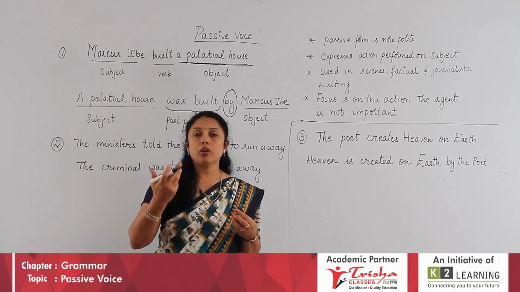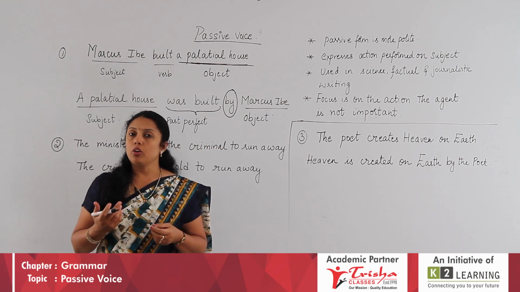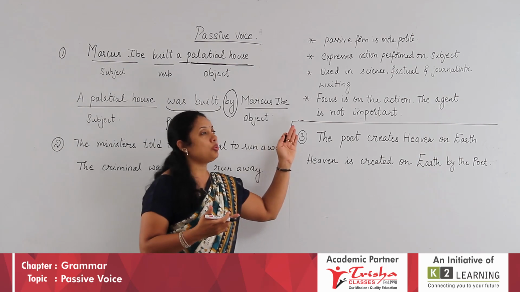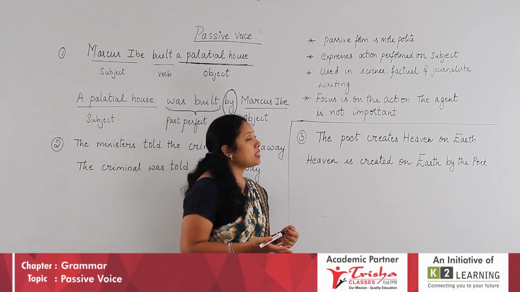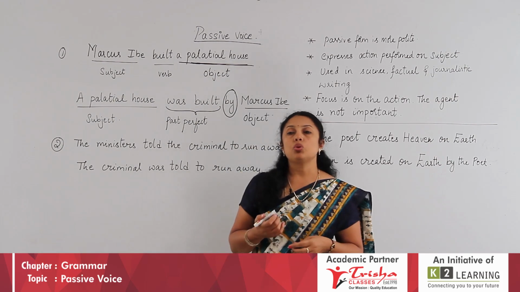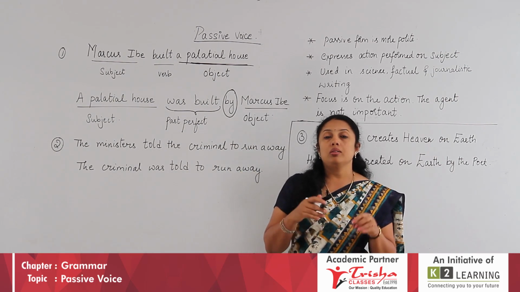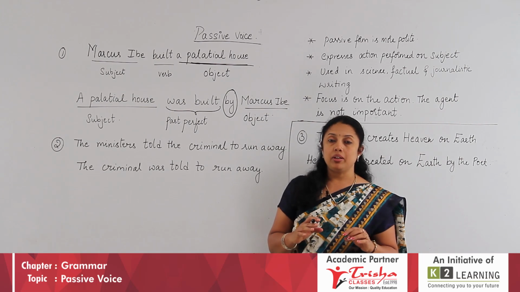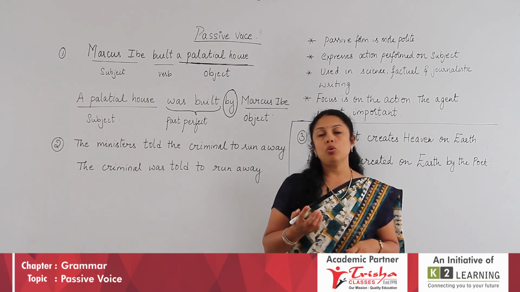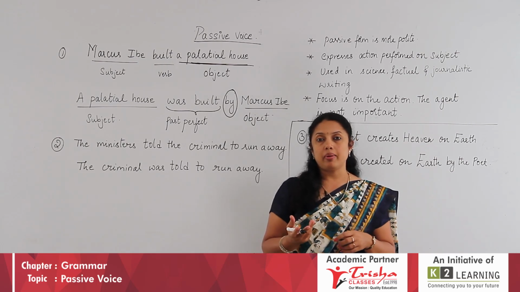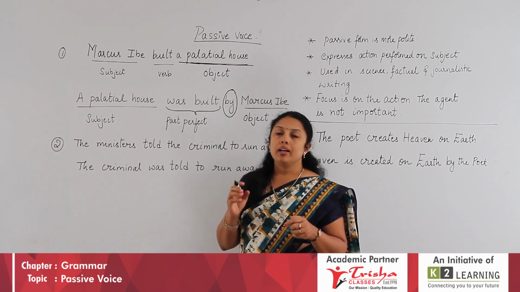Whenever we talk about discoveries and other things, we use the passive voice. Even in the journalistic and factual ones: the students were made to sit quietly in the examination hall. The students were told that there were only 10 minutes remaining. That is a passive voice.